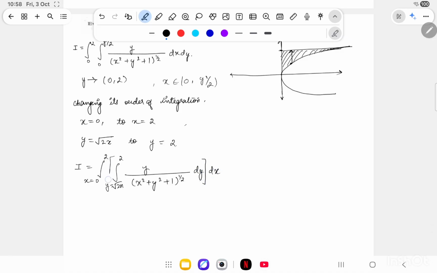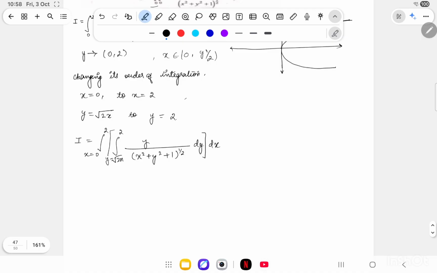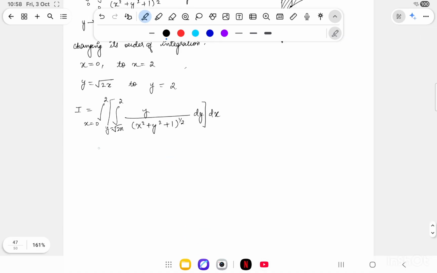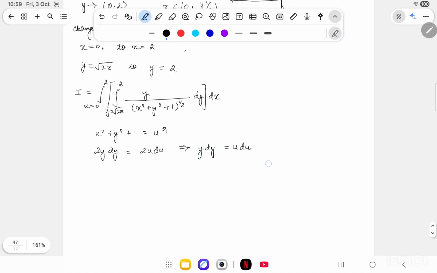Now let's try to solve it. We can assume the term in the denominator, that is x square plus y square plus 1, is equal to u square, and if I differentiate it with respect to y, it gives 2y dy equals 2u du, that is y dy equals u du.